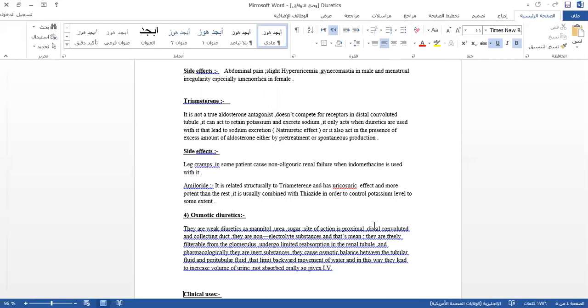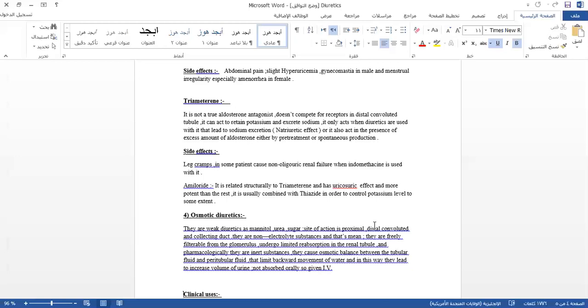All these three groups are called natriuretic diuretics. That means they have the ability to excrete solute, mainly sodium with chloride, with potassium loss as a serious adverse effect. Another group of diuretics is represented by the osmotic diuretics.